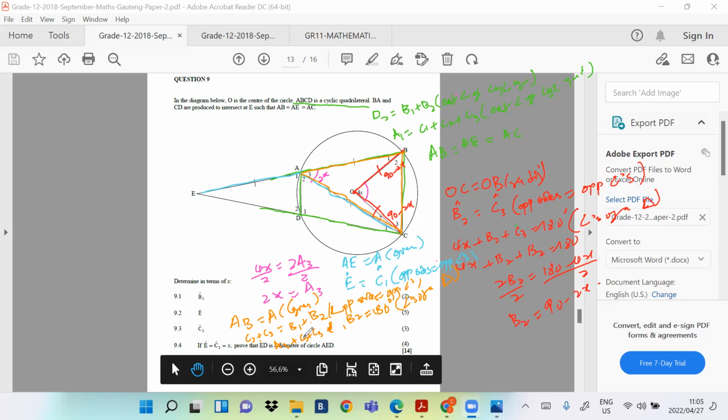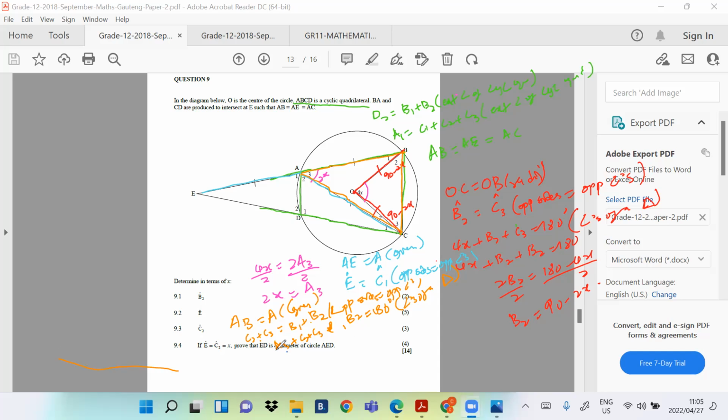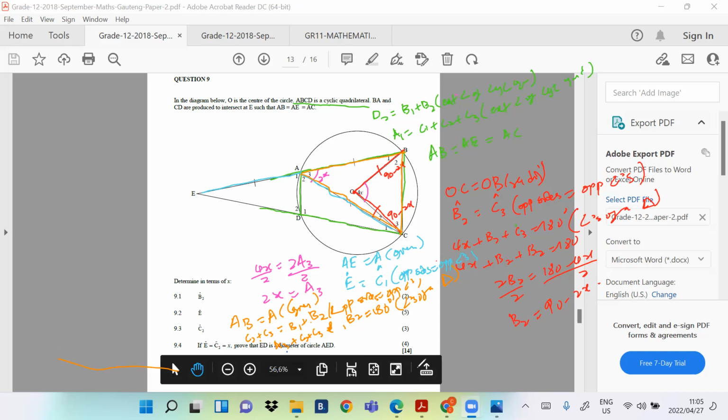Now, let's see. So we have A3. A3 is 2x, right?